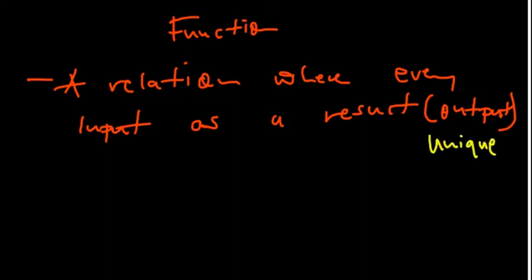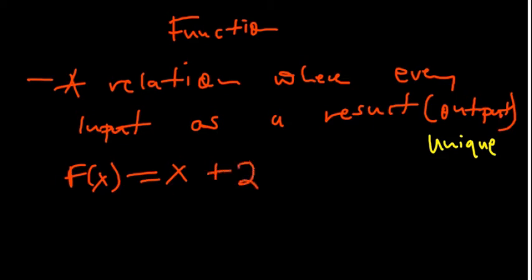Unique output. What that means is, in cases where you have, let's say, A, and it's giving you different results, that is not a function. You expect that A should only be able to give you one result. An example of a function is if I give you the equation x plus 2.